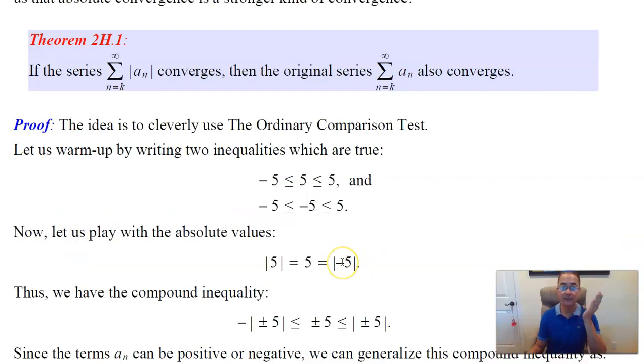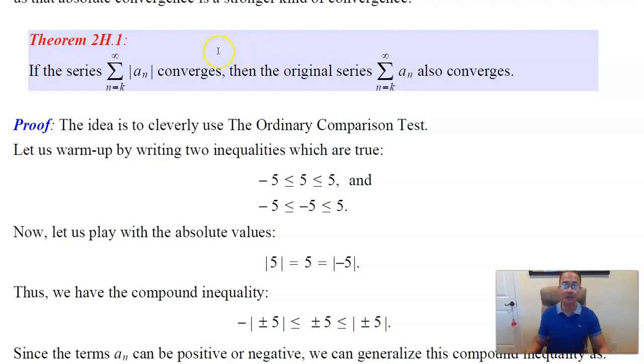All right, and this is where one of the key properties of an absolutely convergent series is going to be very useful. If the series with absolute values on a_n converges, turn all of them positive, then the original series, summation of a_n without the absolute values, also converges.